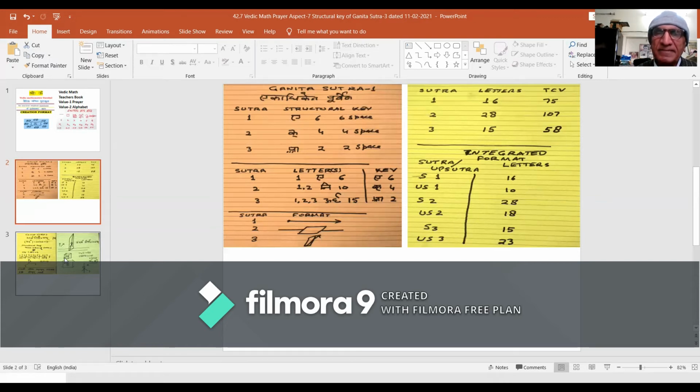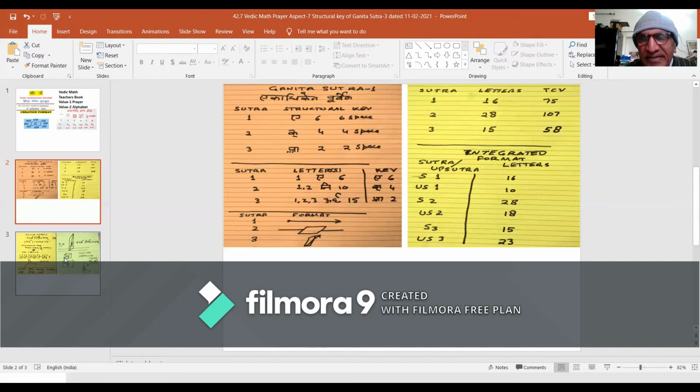Let us have a pause. Letter 3 of the text of Ganita Sutra 1 is the structural key of the mathematical domain of Ganita Sutra 3. The first three letters of the text of Udharvatiryabhyam, of value 15, express the mathematical domain of this sutra.